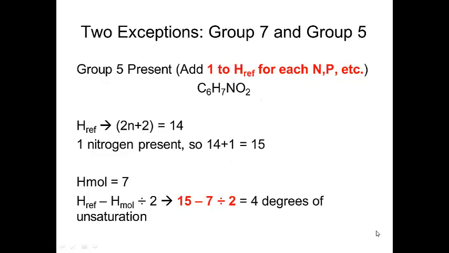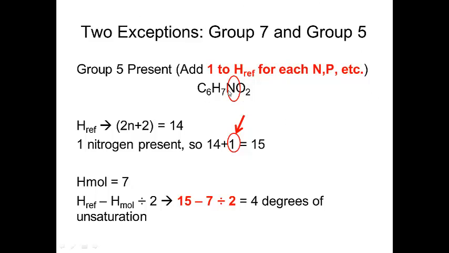The second exception is shown here with a molecule with this empirical formula, C6H7NO2. Anytime that there is a group 5 atom present, you add 1 to H ref for each group 5 element that's present. In this case we have a nitrogen, which is from group 5.